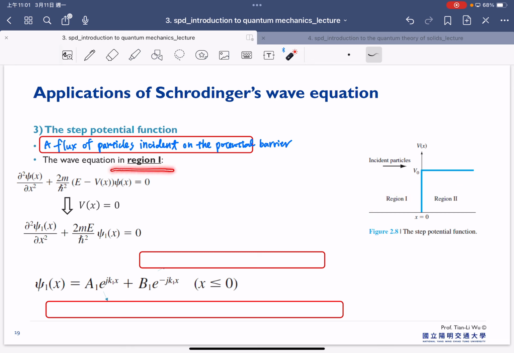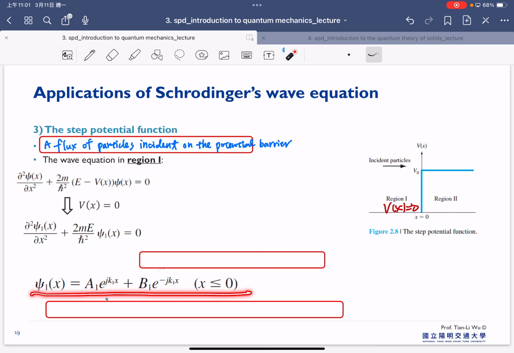So the wave equation in region 1 is shown here. Because in the case of region 1, V(x) is equal to 0, this equation becomes like this. And the general solution for this equation is shown here.